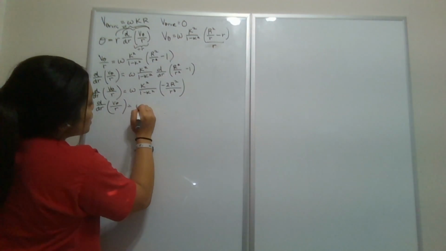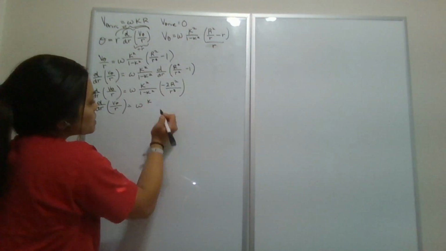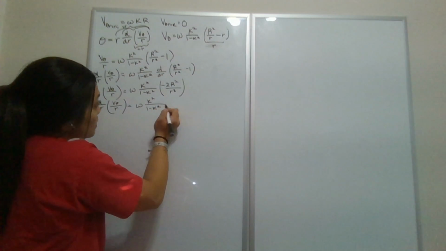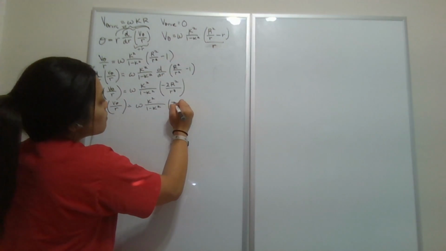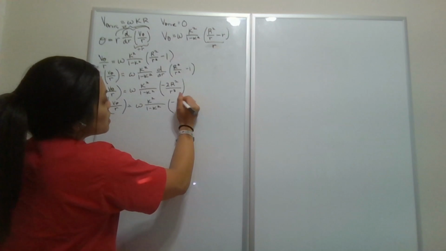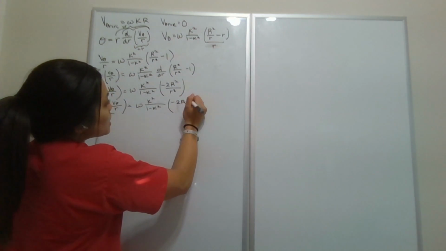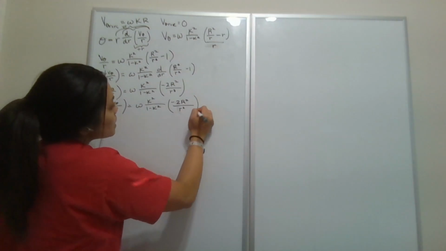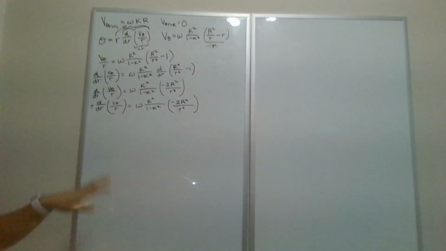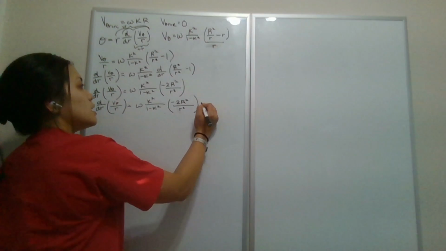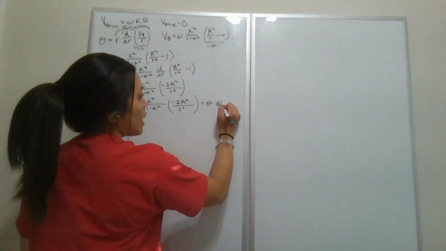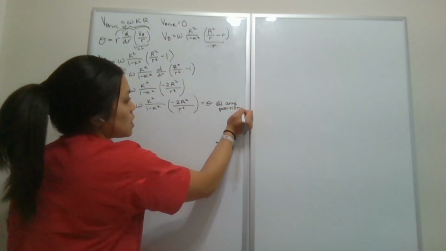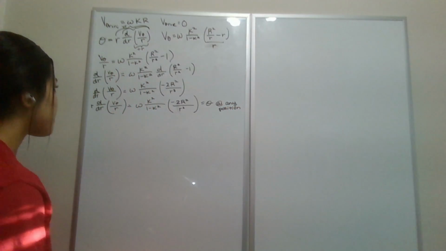So that leaves us with the angular frequency times the proportion between inner and outer radii squared divided by 1 minus the proportion squared times the quantity of negative 2 times the outer radius squared divided by the radius squared. So what we have here is the shear rate at any position between the two cylinders.